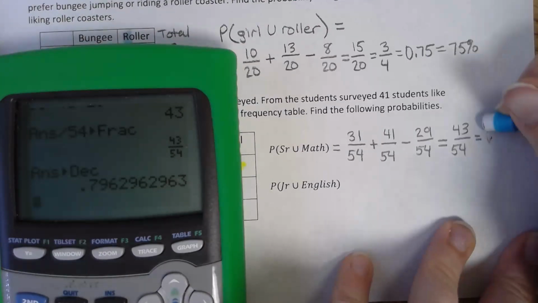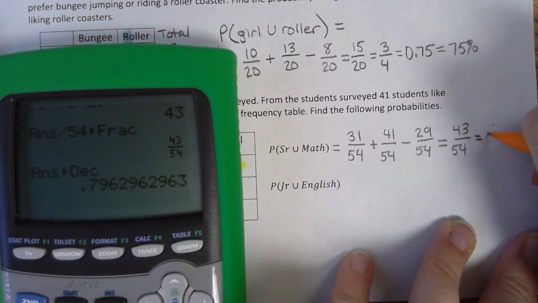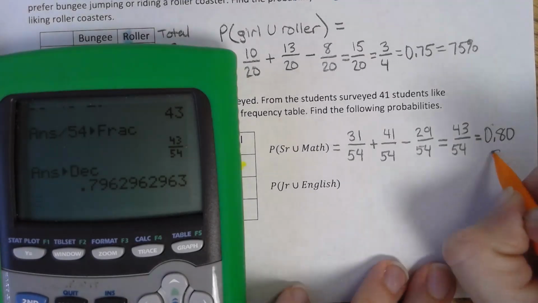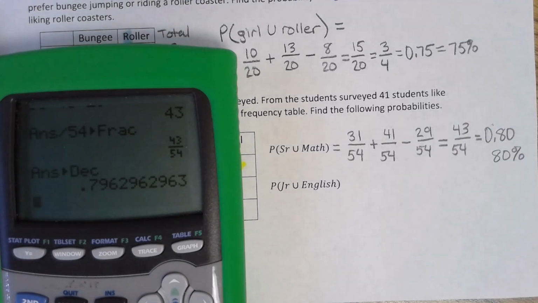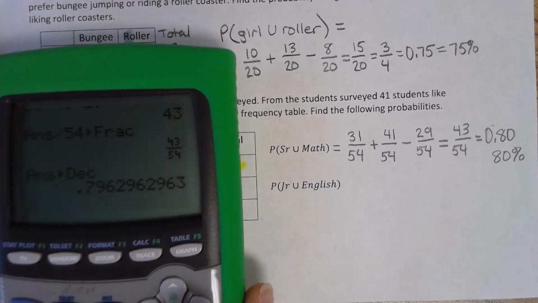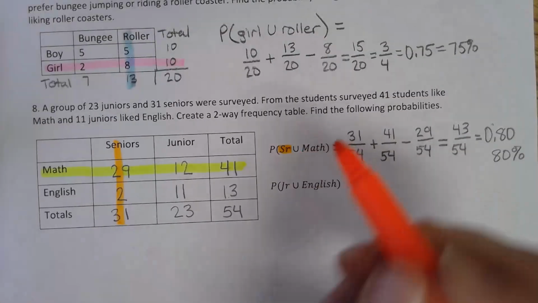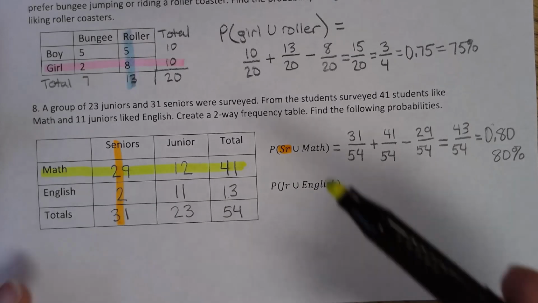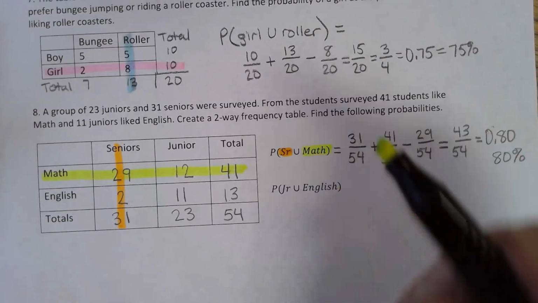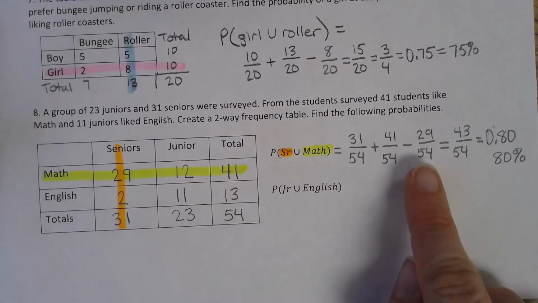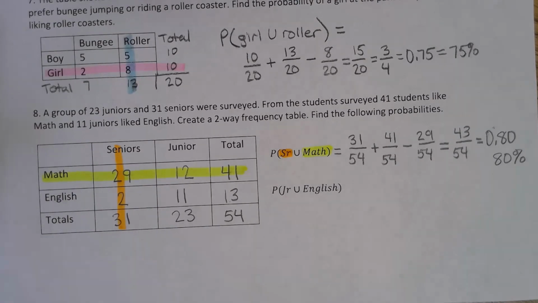So 0.8, or even 80, and so that would be 80%. So that was the probability of our seniors or students liking math. And remember, because they overlap, because they have an intersection, we have to subtract out that intersection of both seniors and math.